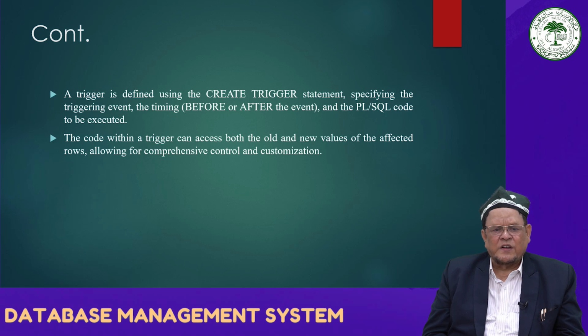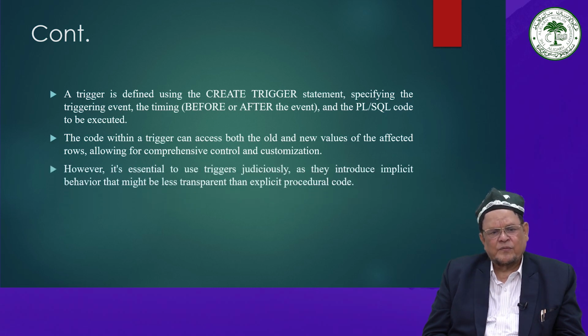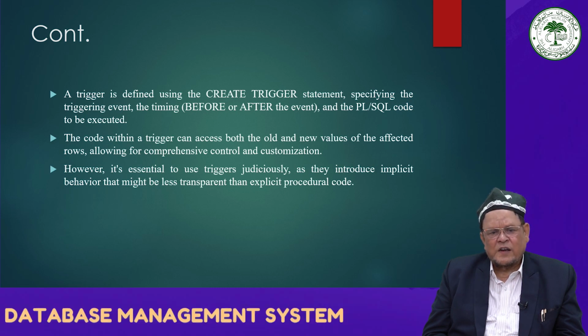The code within a trigger can access both the old and new values of the affected rows, allowing for comprehensive control and customization. It is essential to use triggers judiciously, as they introduce implicit behavior that might be less transparent than explicit procedural code.